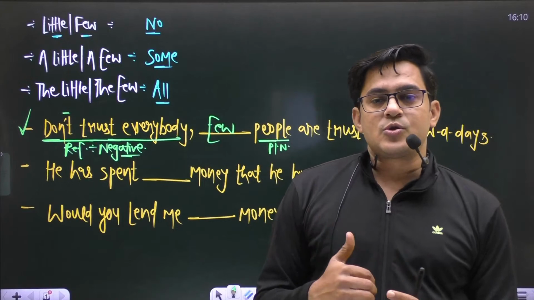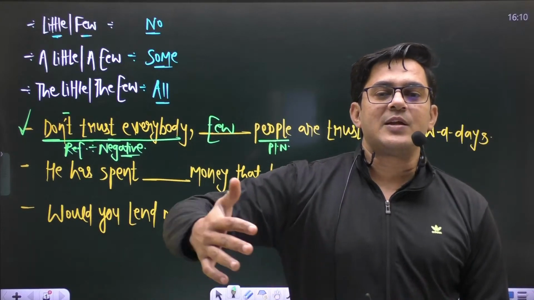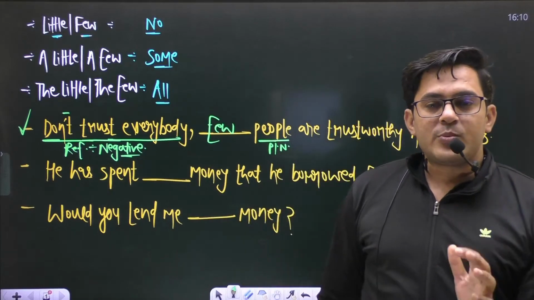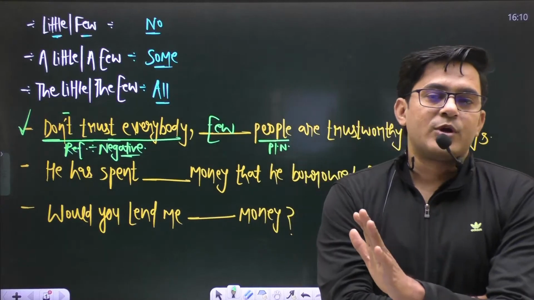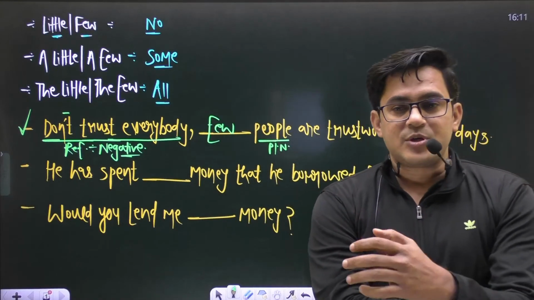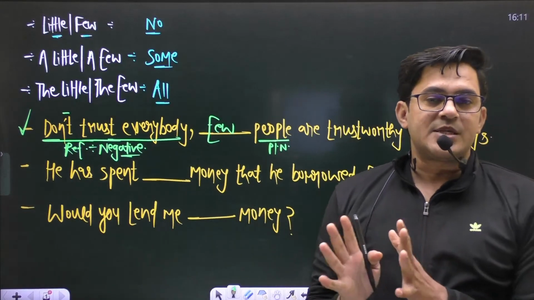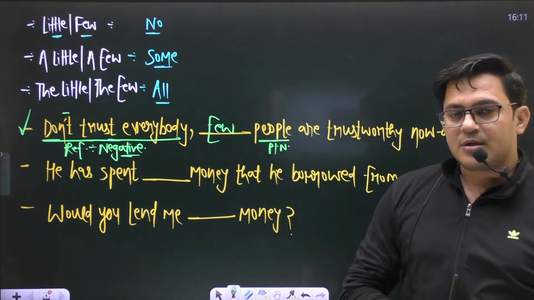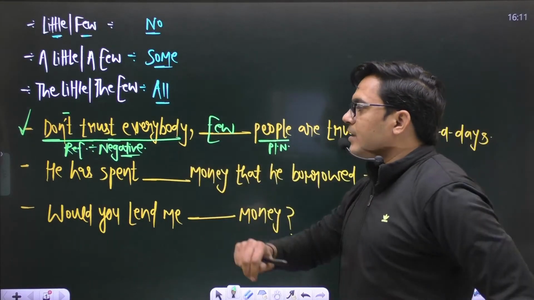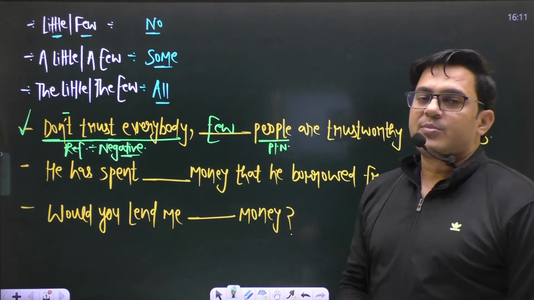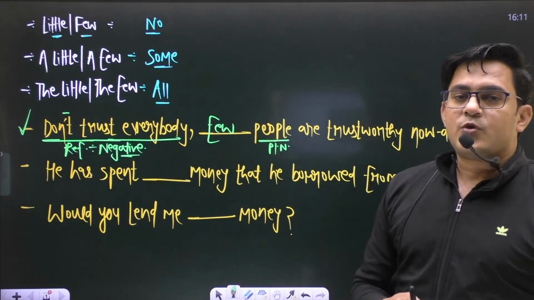No sentence in the exam comes without a reference. Every sentence carries some reference or identity. Like in the first sentence, don't trust everybody, these words show a negative sense, that's why we have used the determiner few.